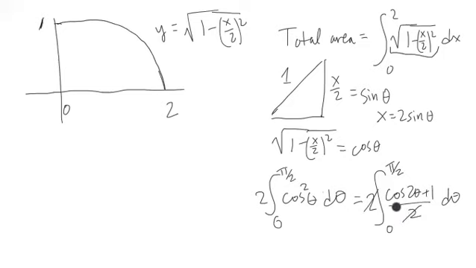Next we have cosine of 2 theta plus 1. So on this part right here, we can take an antiderivative of cosine of 2 theta. And also we can kind of think about what's happening with cosine.